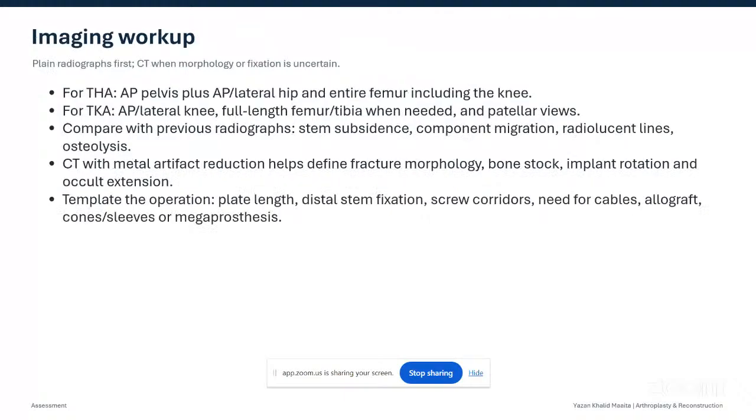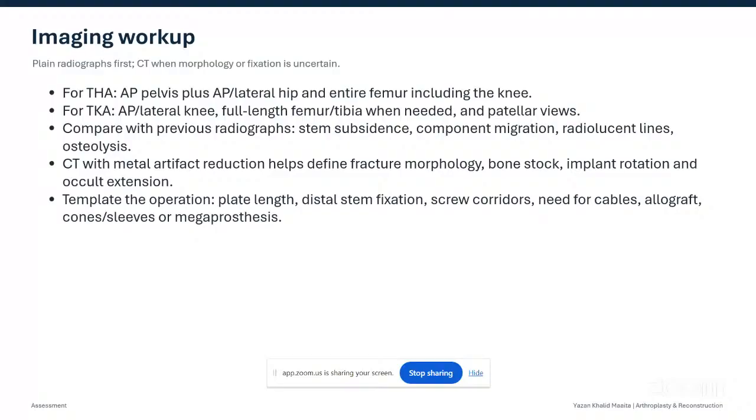The imaging study: plain radiographs first. You have to do it for all your patients. As we know, you have to do AP and lateral of the whole limb, including femur and hip for the total hip. For the total knee, AP and lateral, full length of the femur and the tibia when needed, and the patella views.